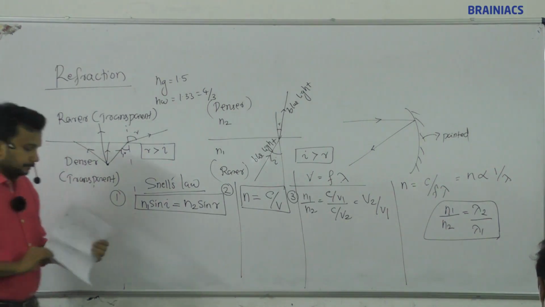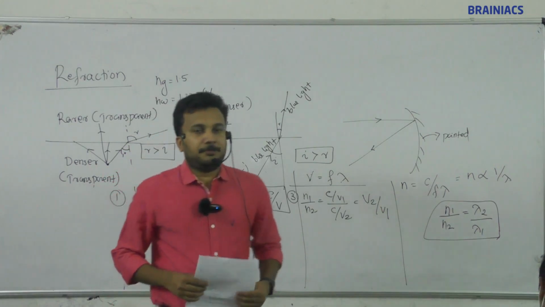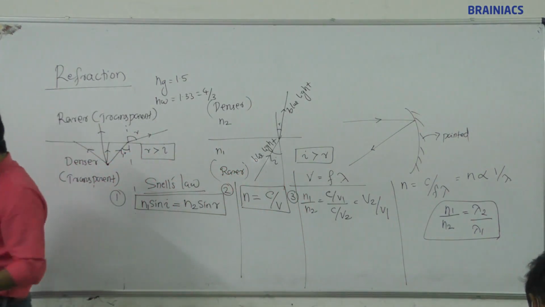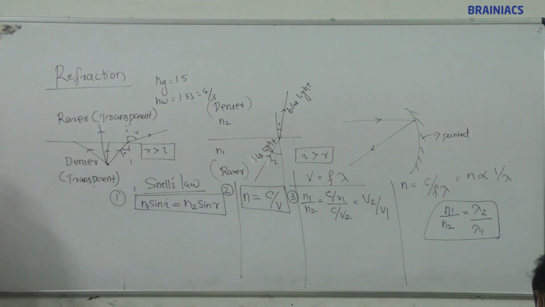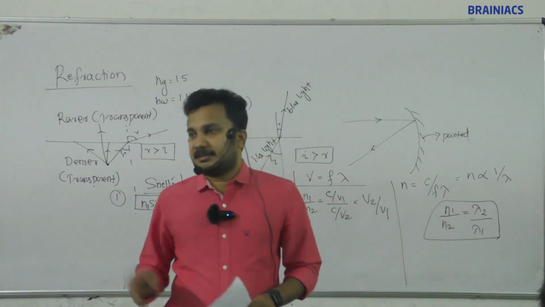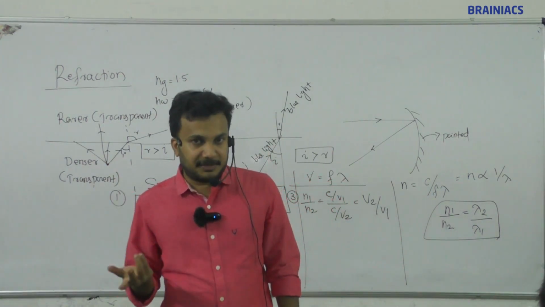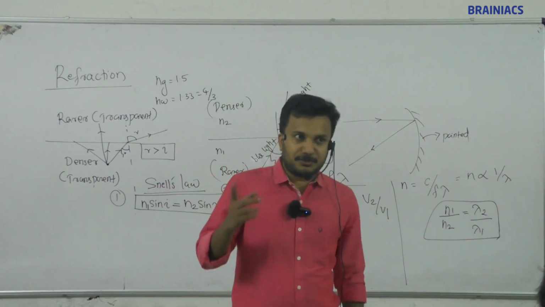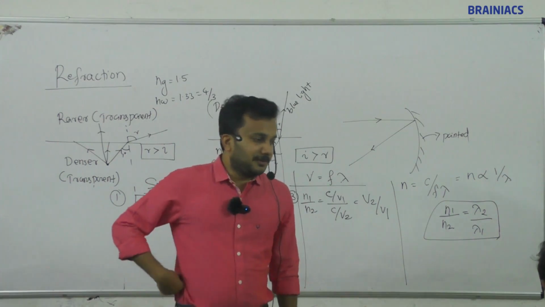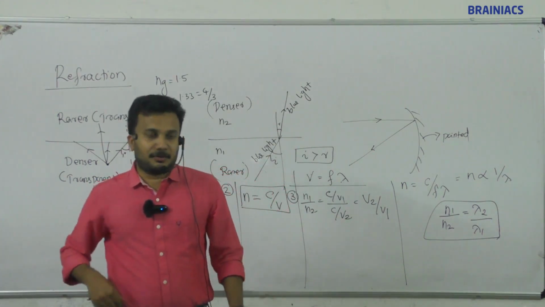Next point, optical density is measured using refractive index, in bracket n, and some textbooks use n, some textbooks use mu. Both are same. Wherever you come across it, you can use n or mu accordingly.